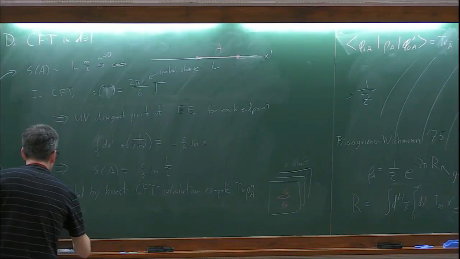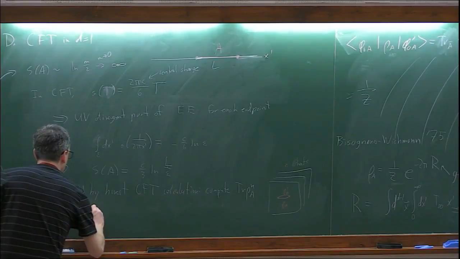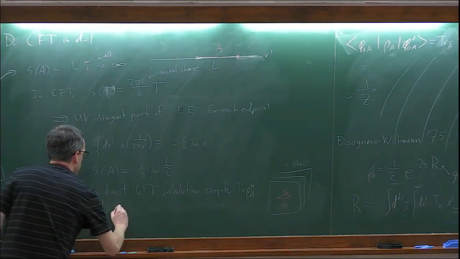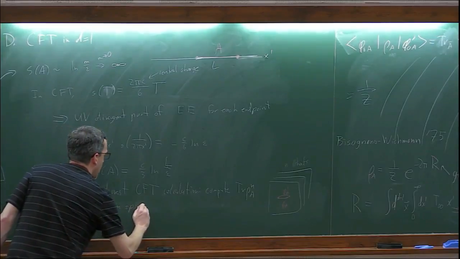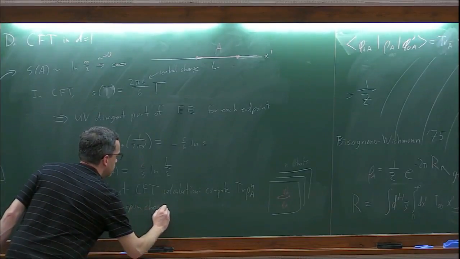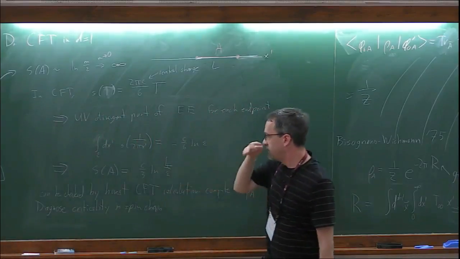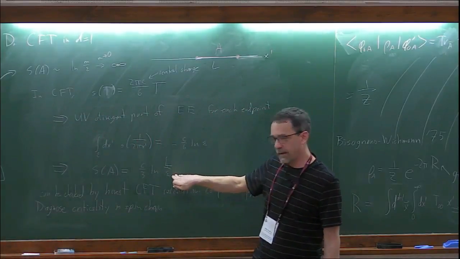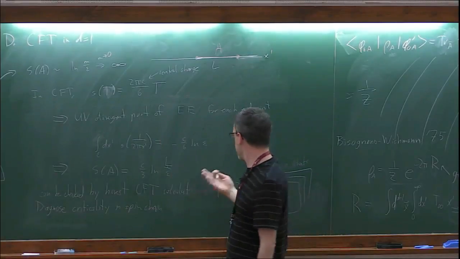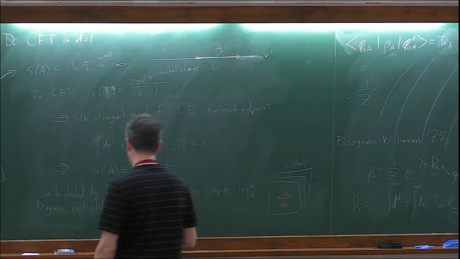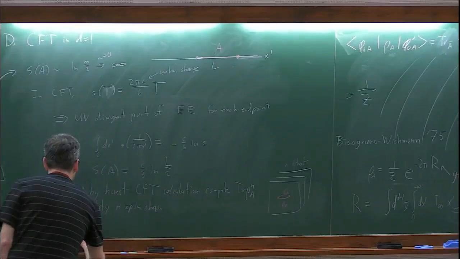Now you could ask, how do you extract the L dependence given that it's polluted by this epsilon dependence? Well, you do something very similar to what we did before with the topological thing.